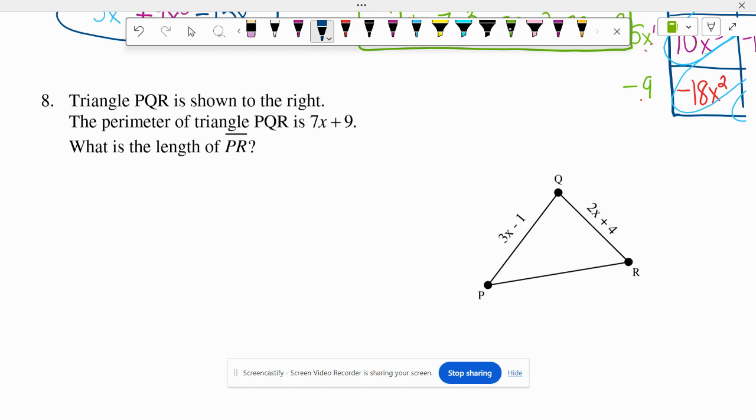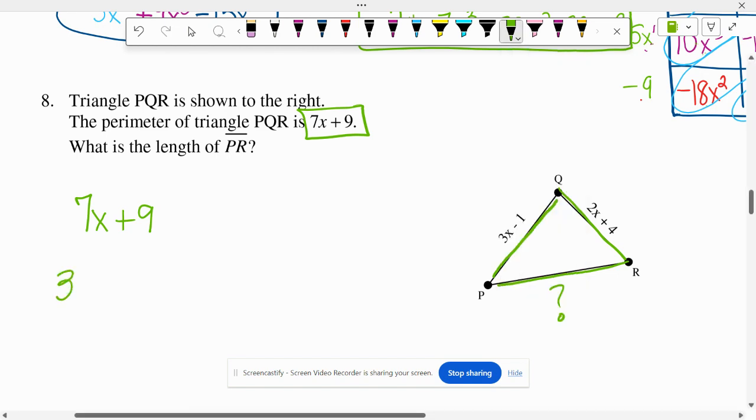Okay. So if I add up all of these sides, I get 7x plus 9. I need to know what this measure is. So let's see.